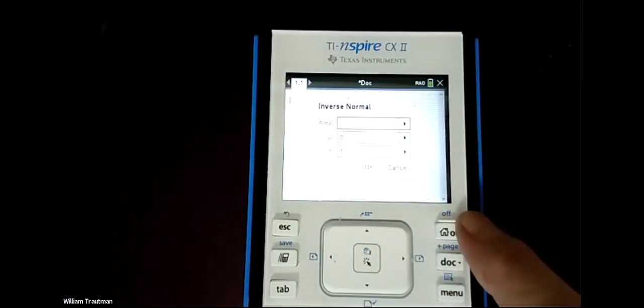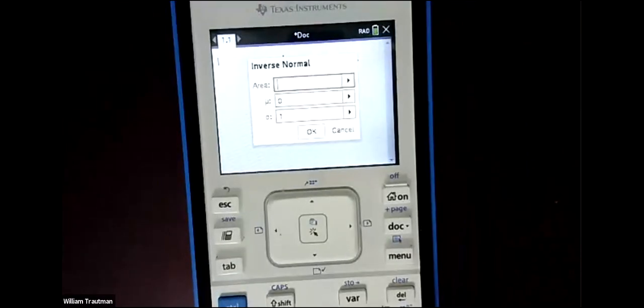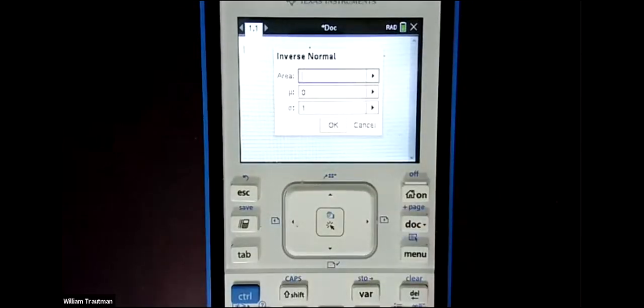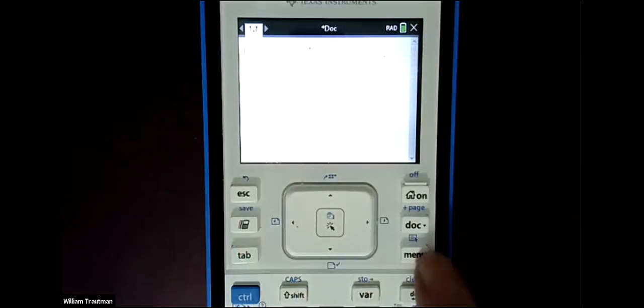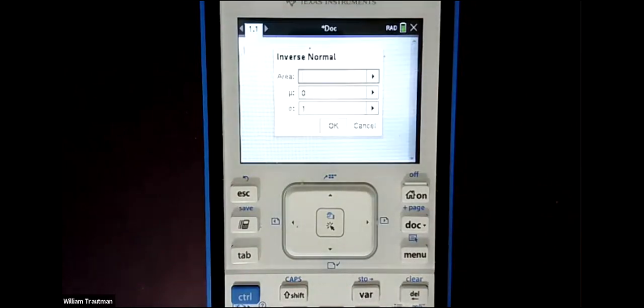So if you have the percentage and want the Z value, you go to your calculator and hit menu 553. Once again, menu 553.